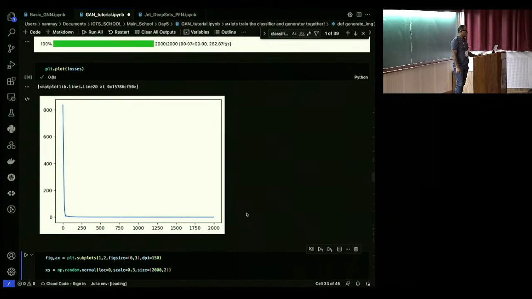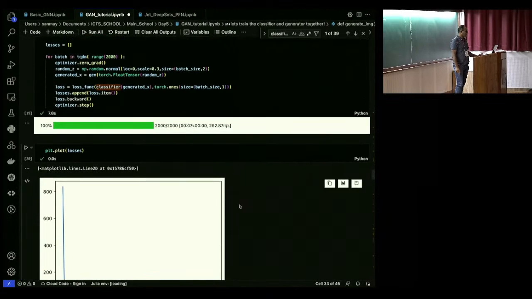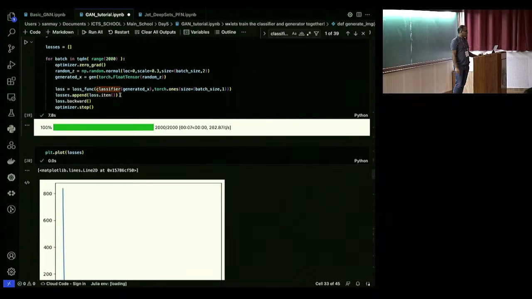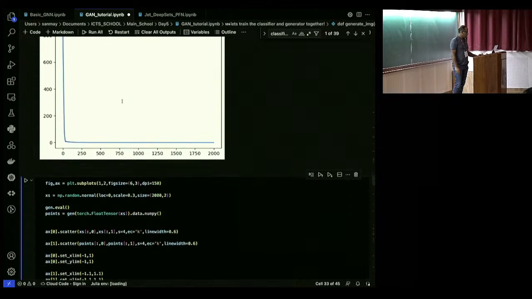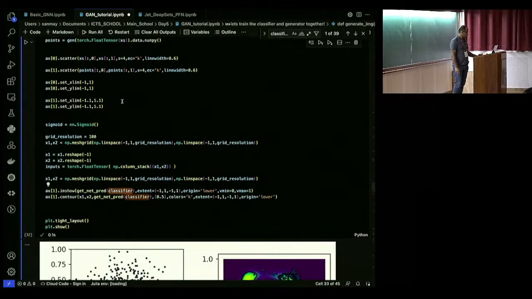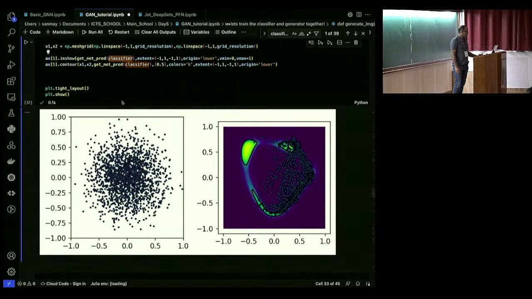I got up to 2000 epochs, etc. But here you see we have a loss function where we are trying to train the classifier. The loss is computed from the output of the classifier, and we trained it. So now when we just give some random noise, it starts following the pattern where things should probably lie.